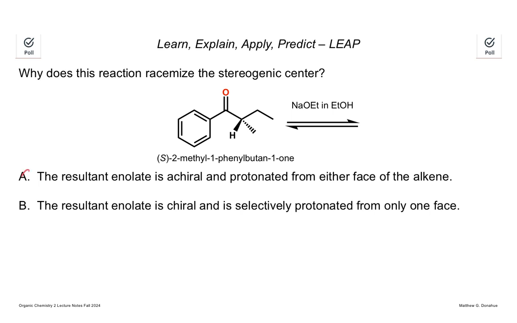So for this question, again, the enolate is achiral. That's the important thing. If I can do a little art here just to verify that. So there's the alkene with the phenyl and the methyl group pointed out towards you, the oxygen and the ethyl group going away.